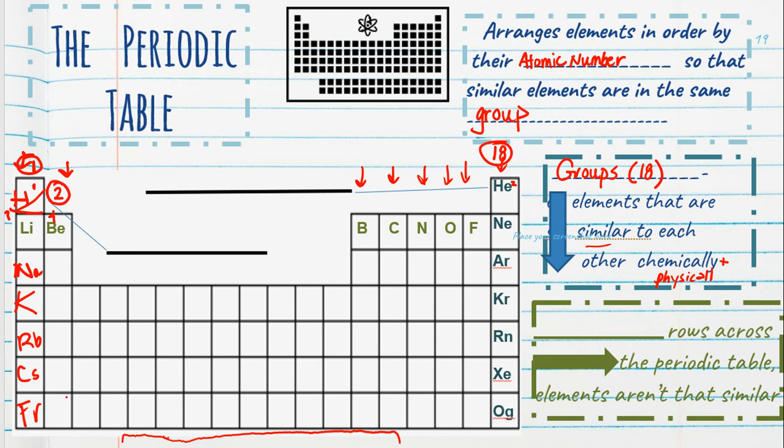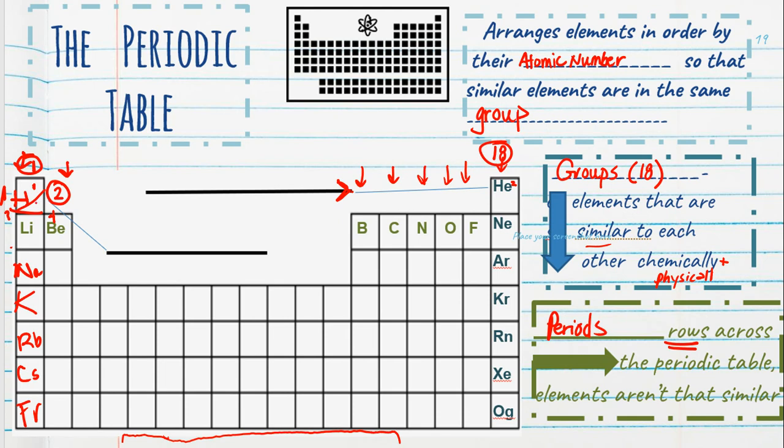Okay, now, the elements that belong to the same column are said to be in the same group, but you can also look at the periodic table as it goes from left to right in these rows right here. And those rows are called periods. Okay, they are the rows that go across the periodic table.